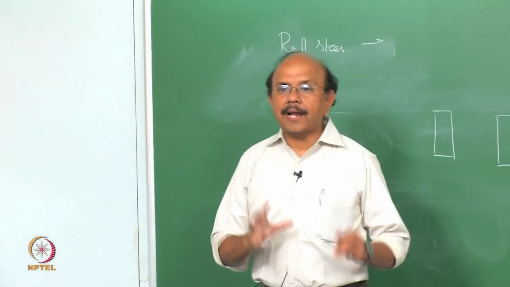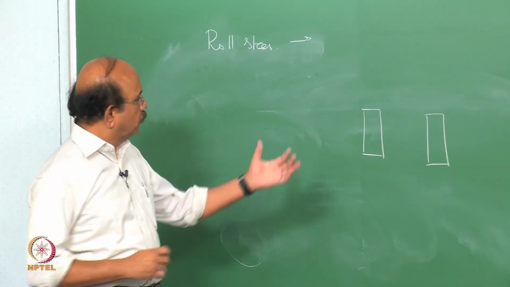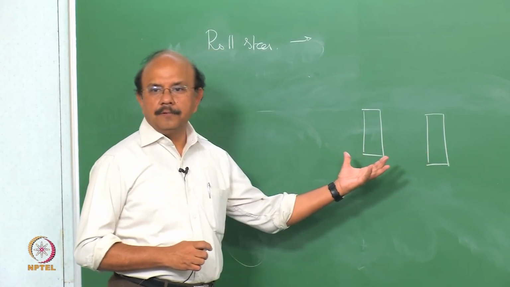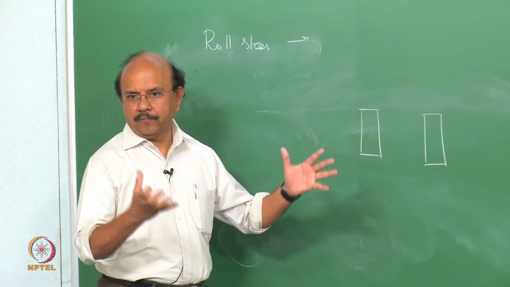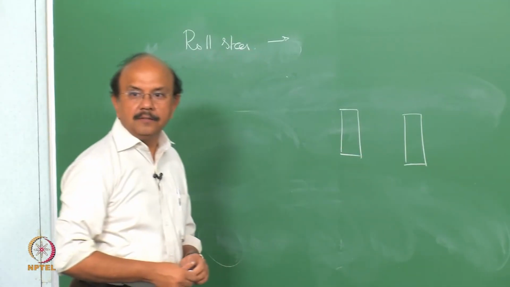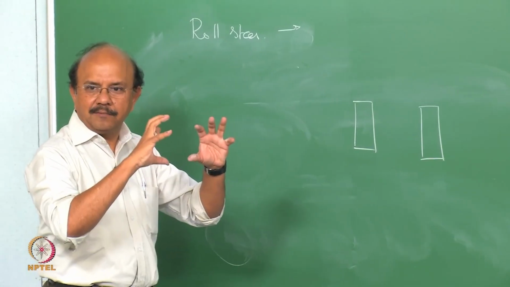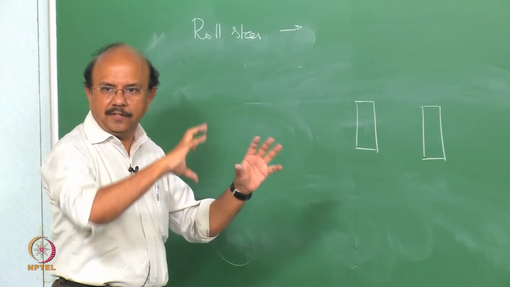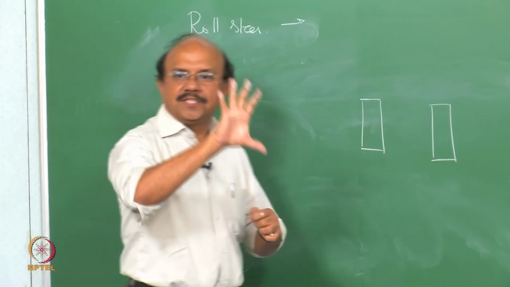For example, roll steer. Okay, what happens during roll? Okay, you have the wheels with a certain what's called toe. All of you know that it's a toe in or toe out, right? Now, because of this suspension kinematics, okay, when you take a turn and when there is a roll, the linkages change.